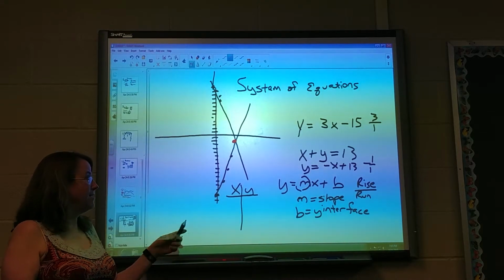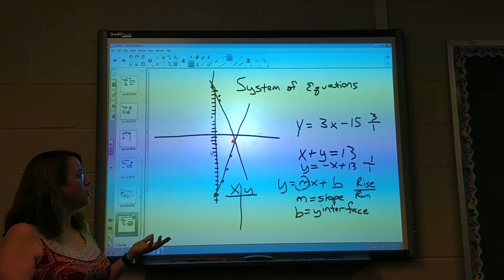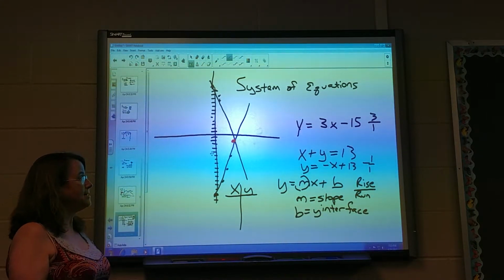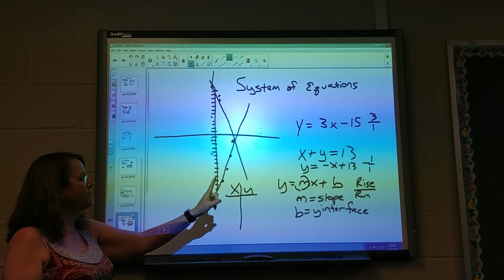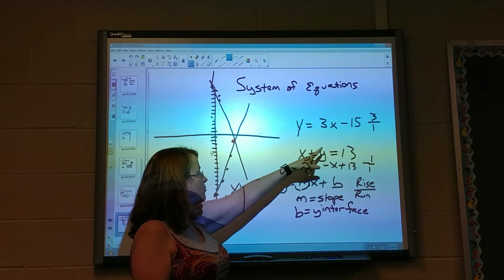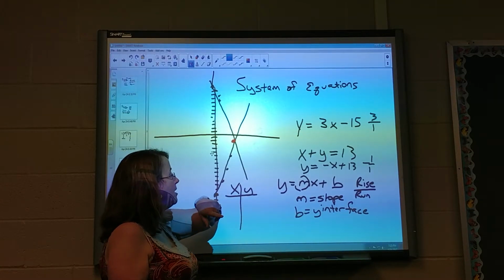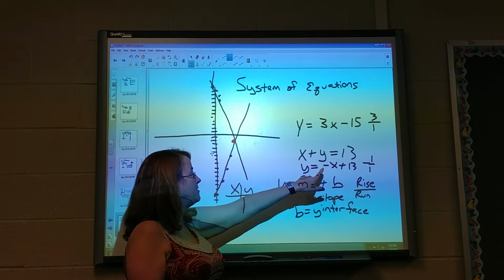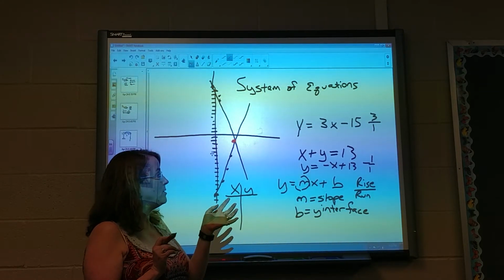Now, as I said, this is on a picture board. It's probably not perfect. So let me show you how to solve it the way you actually solve it. The easiest thing to do is take one of the ones that you did, either this one is y or this one is y, and substitute it in for the other y. If this is y and this is also y, that means they're both y's, so they equal each other.